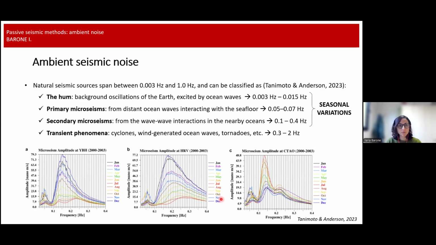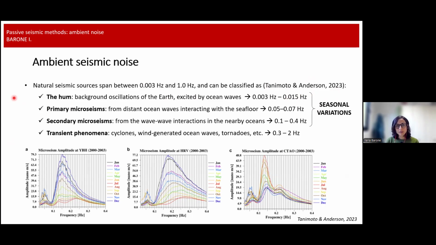Talking about the natural sources, as I said, they are pretty low frequency. These authors, Tanimoto and Anderson, 2023, classified these natural seismic sources into 4 main categories. The first one is the hum.